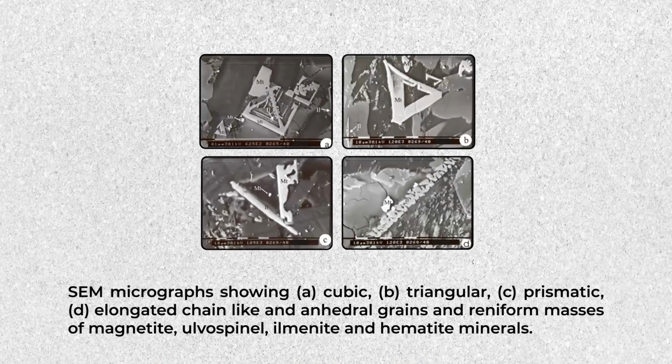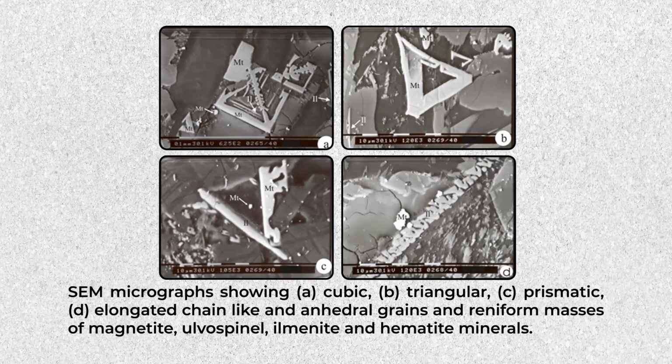In this slide, I have tried to show you images from a scanning electron micrograph. See photograph A, cubic; B, triangular; C, prismatic; and D, enclosed chain-like and anhedral grains and reniform masses of magnetite, ulvospinel, ilmenite, and hematite minerals.